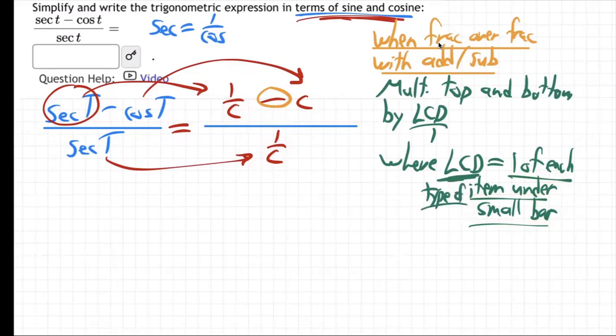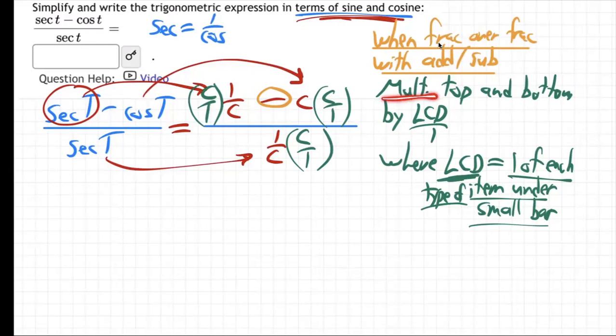So anyway, I'm just going to go C over 1, C over 1, C over 1. Does that make sense? I multiplied all the terms, top and bottom, by LCD over 1.